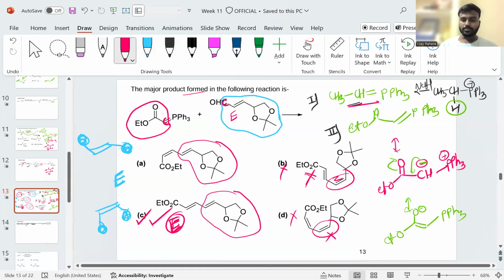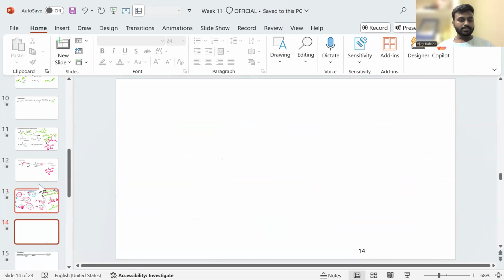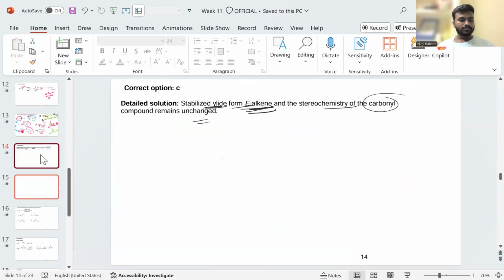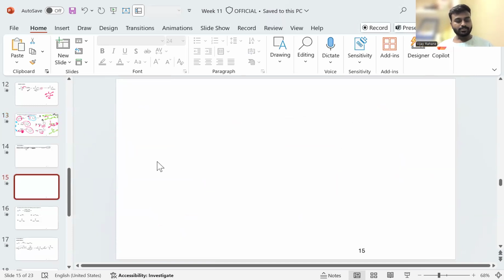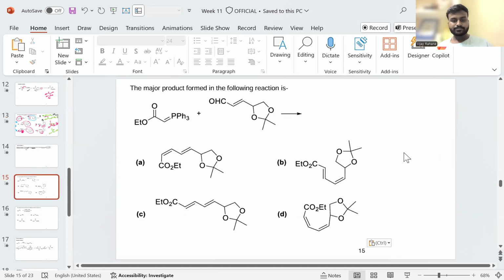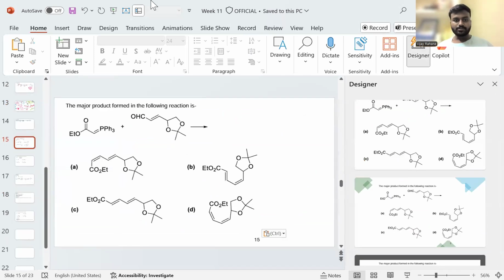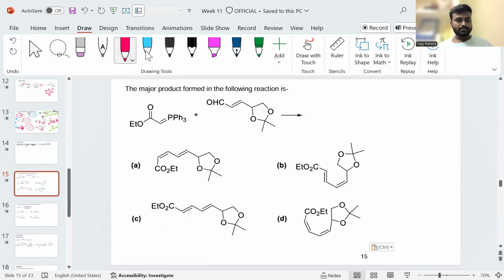So this is how we can solve the question from the Wittig. I will take one more question from the same Wittig concept. So better I will take it here only. Just perform the same reaction, but change the Wittig salt now. So instead of this Wittig salt, let's say I erase this entire structure.